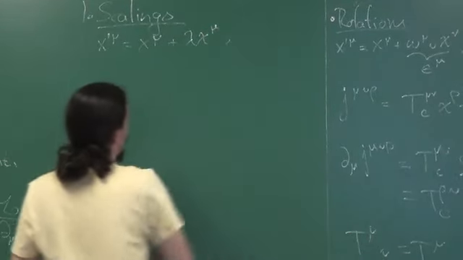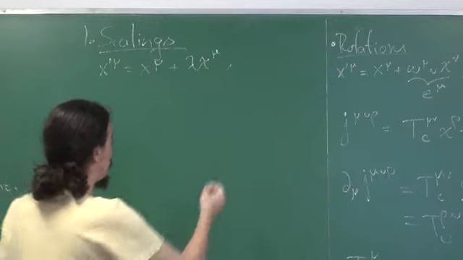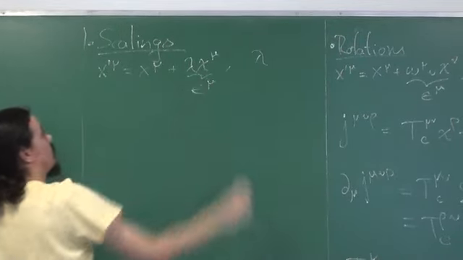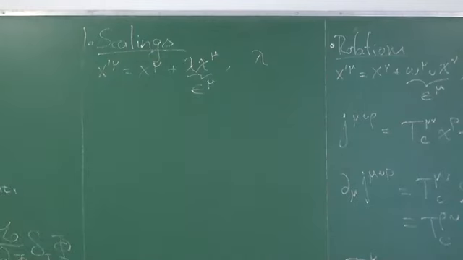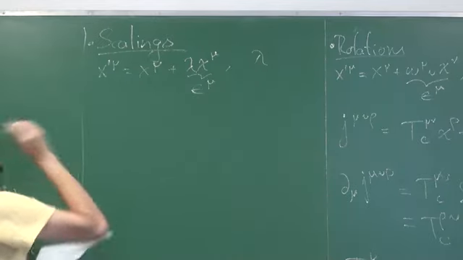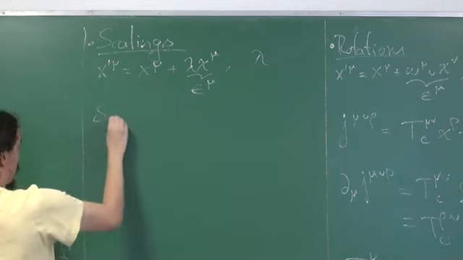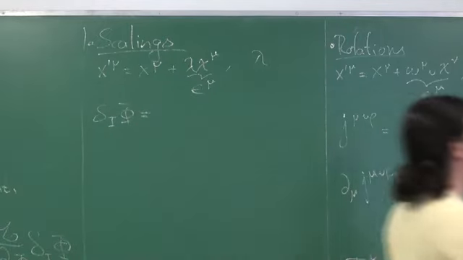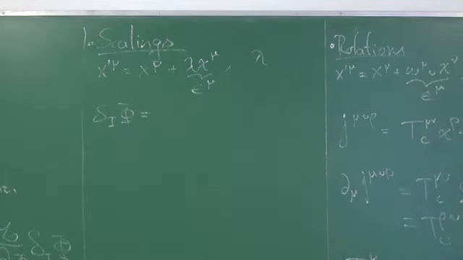Now notice that your parameter is just λ, and your ε^μ is this guy here, and again it depends on x. Your internal part, the transformation in the internal space, is just this delta here, basically.